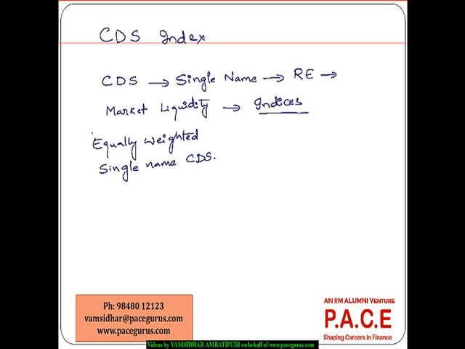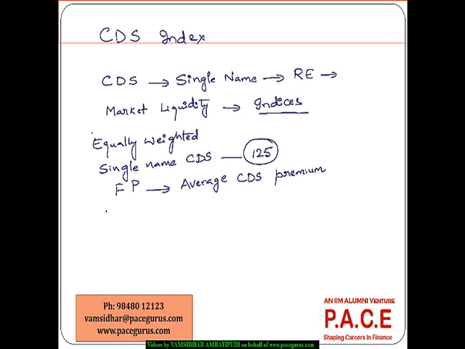In general, our most popular ones have 125 different single name CDS. Because they are equally weighted, the fair premium on the index will be closer to the average CDS premium.